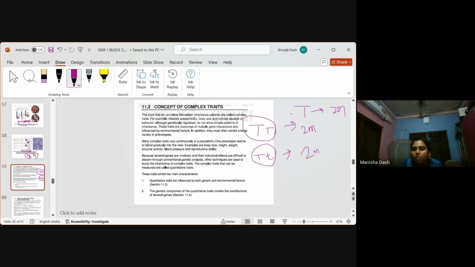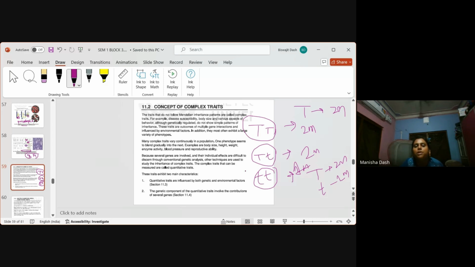But in case of a polygenic trait, let's say this capital T is giving the plant a height of 2 meters, and the small t is giving the plant a height of 1 meter. If it is a Mendelian thing, or a monogenic trait, then this plant will develop into a height of 1 meter. But for a polygenic trait, what will happen? Now the contribution of each allele will be added.